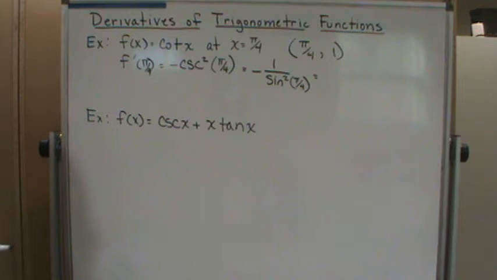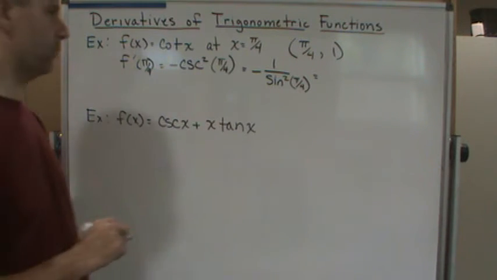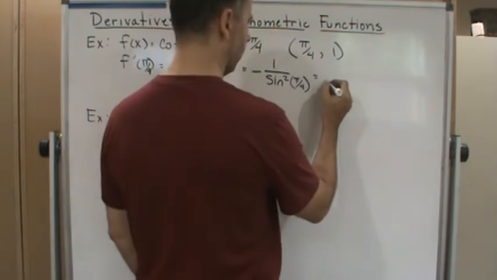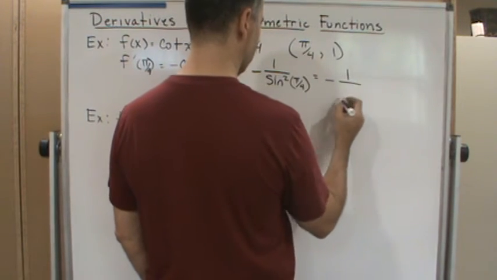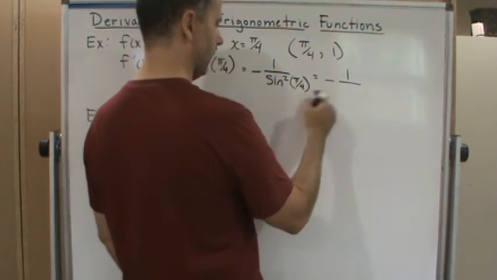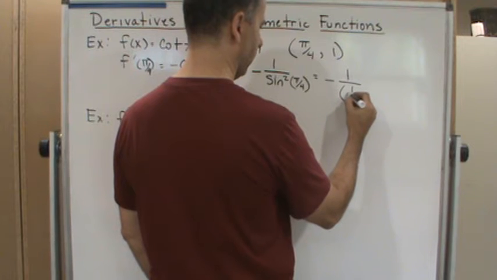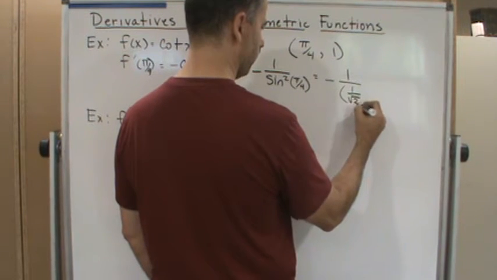Or 1 over the square root of 2. Let's put it that way because that'll be easier. So negative 1 over, what's this? This is going to be 1 over the square root of 2.